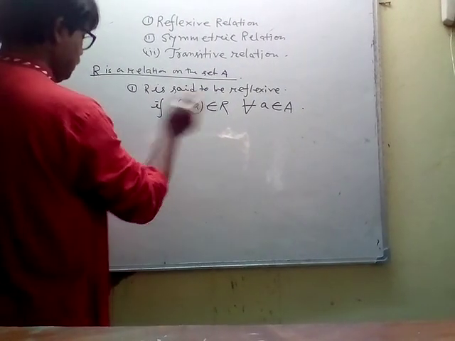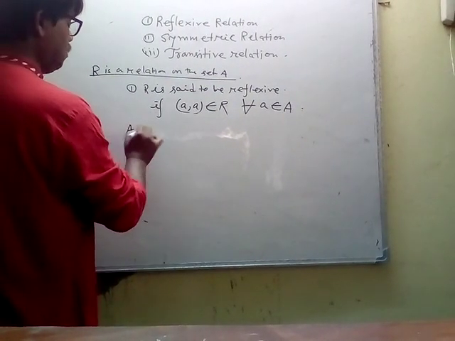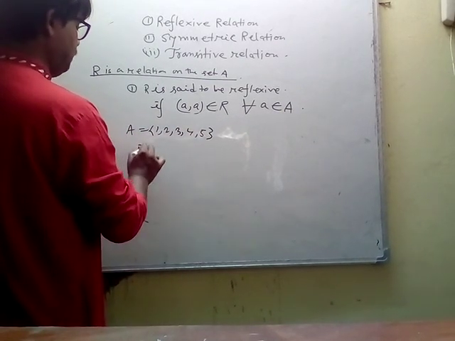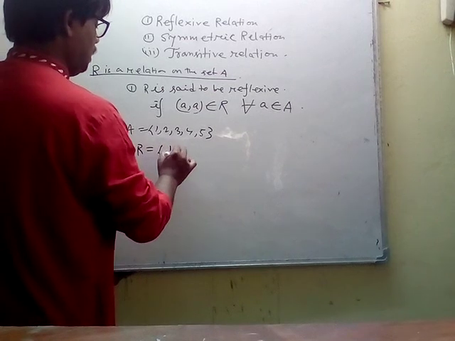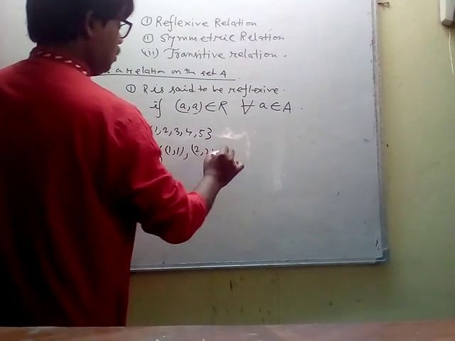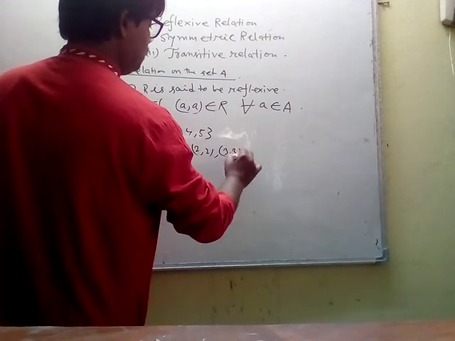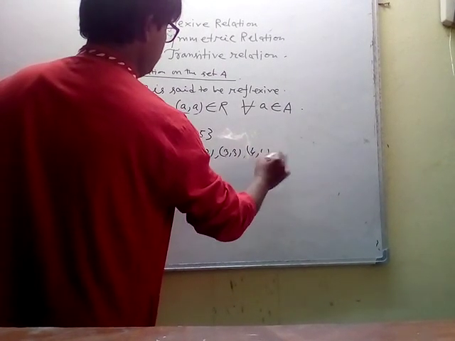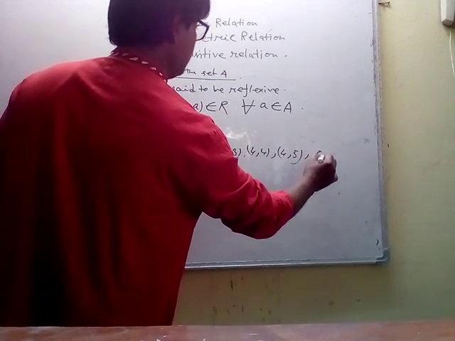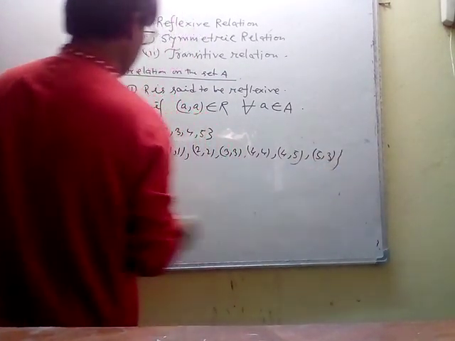For example, let A equals {1, 2, 3, 4, 5}. In this set, we have defined relations. R1 is {(1,1), (2,2), (3,3), (4,4), (4,5), (5,3)}.